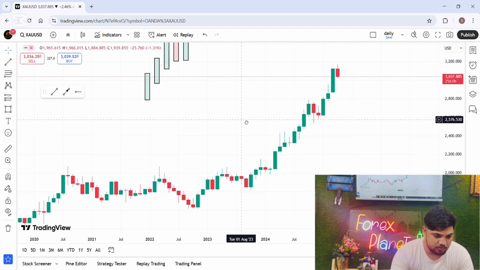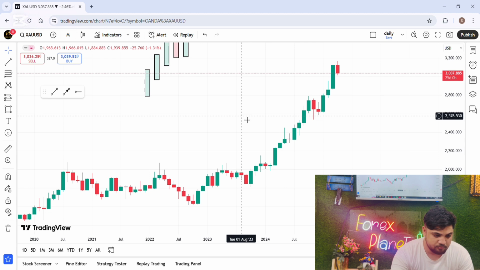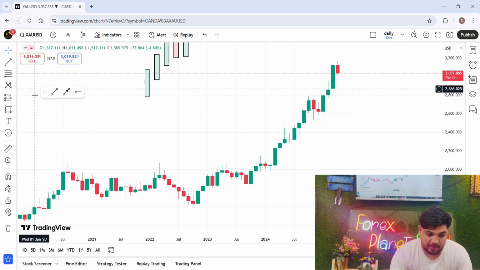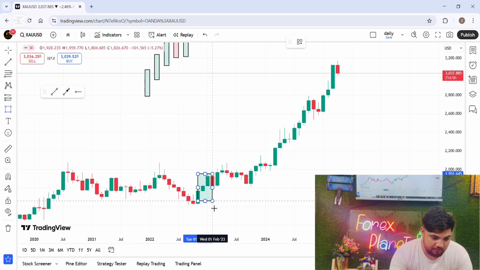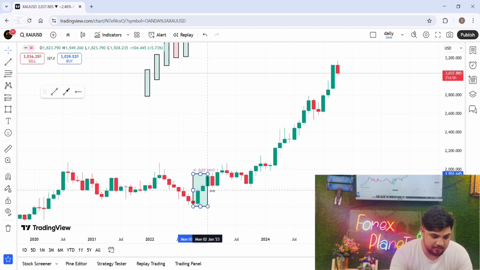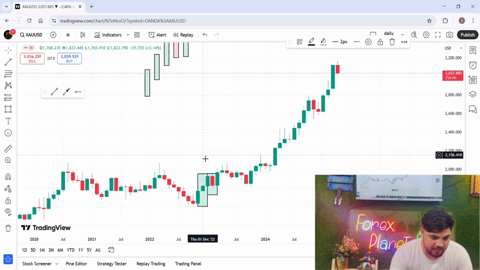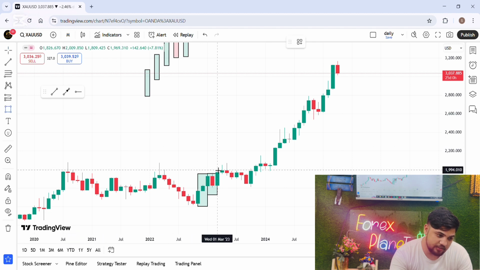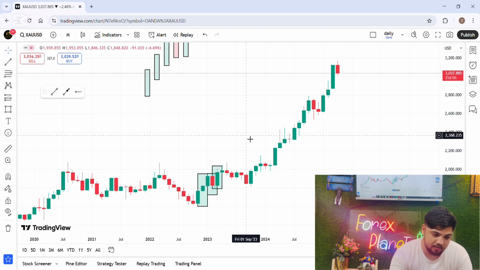Let me find an example. Yeah, I have found one. We have 3 big bullish candles here, as you can see on your screen. The next candle is not green. We have 3 green candles, but the next candle finished as red. Then the fifth candle finished as green.